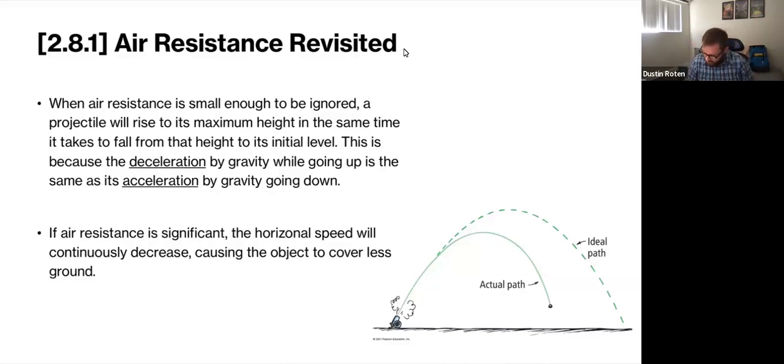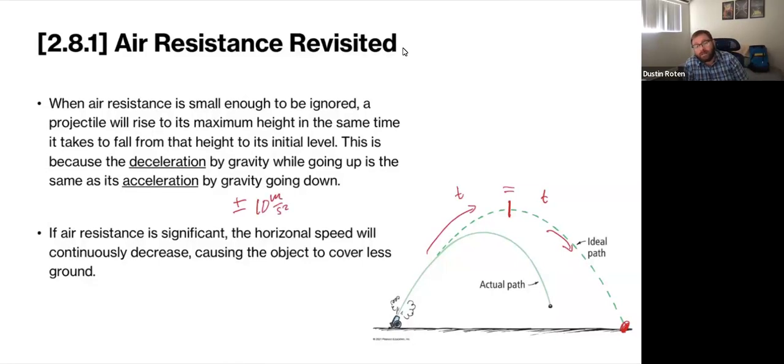So essentially, in the ideal path, the time it takes to get up there is the same as the time it takes to get back down to the ground again. We've sort of shown that. That's just because the deceleration and the acceleration is the same value, either plus or minus 10 meters per second squared on either side.